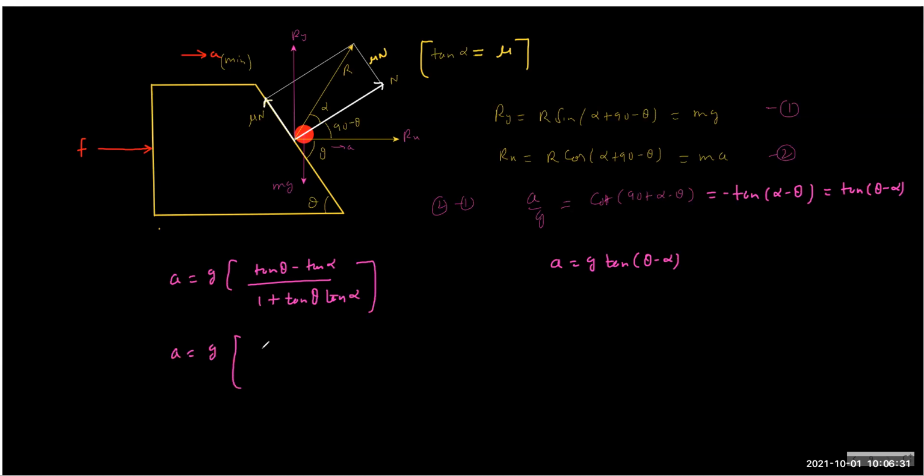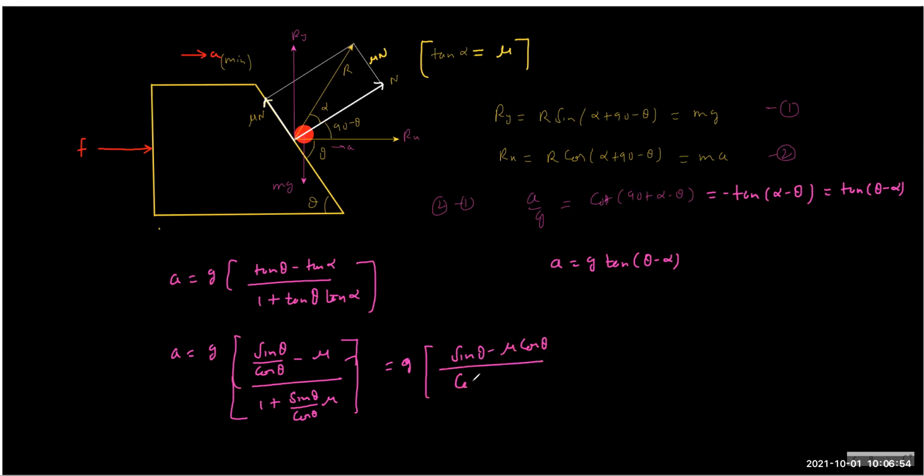So you can add sin and cos, and this is mu, this is sin theta by cos theta into mu, and if you just rearrange, then a bit messy, but this is sin theta minus mu cos theta upon cos theta plus mu sin theta.